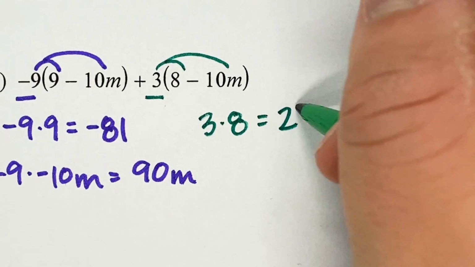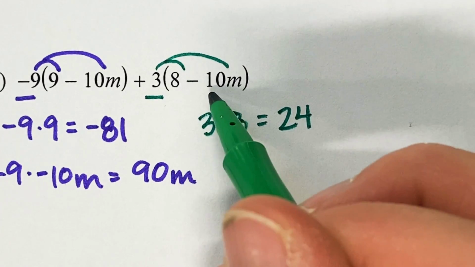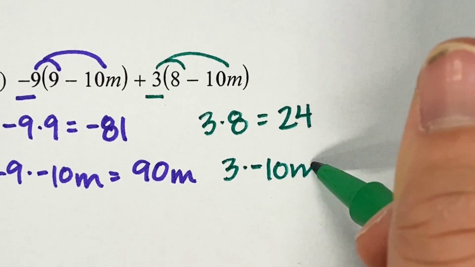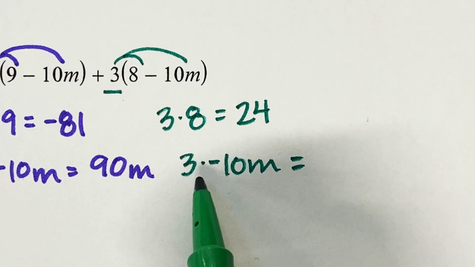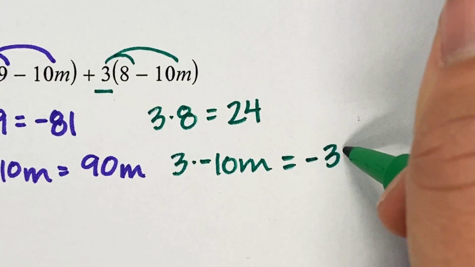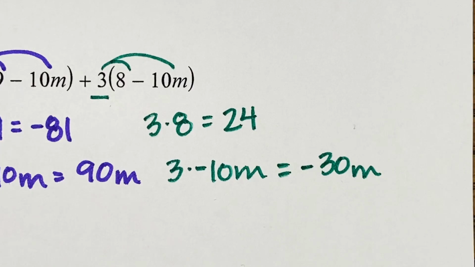It's just going to give me 24. Okay, and our second one is 3 times negative 10m. So what is that going to give me? Okay, so we have a positive times a negative. So we get negative 3 times 10 is 30. There was 1m being multiplied, so 30m.